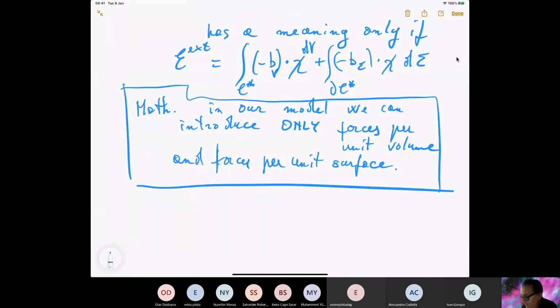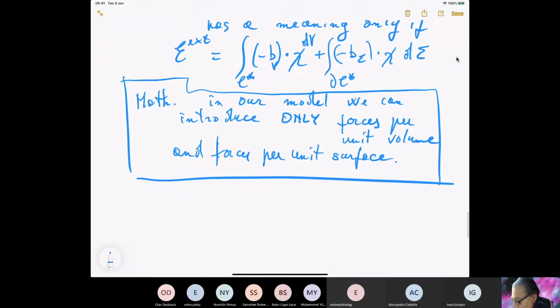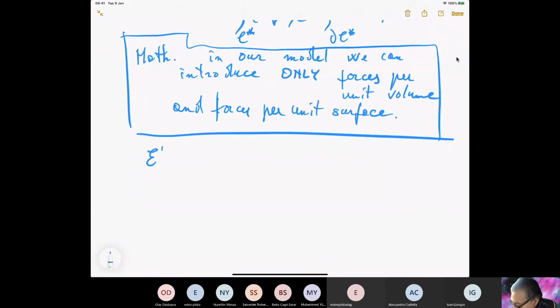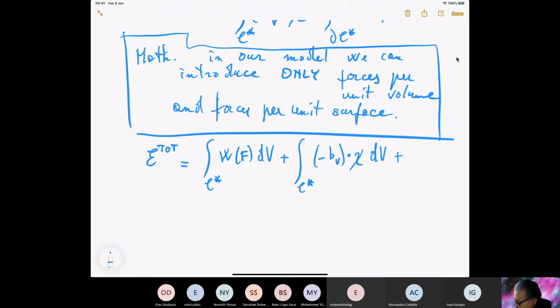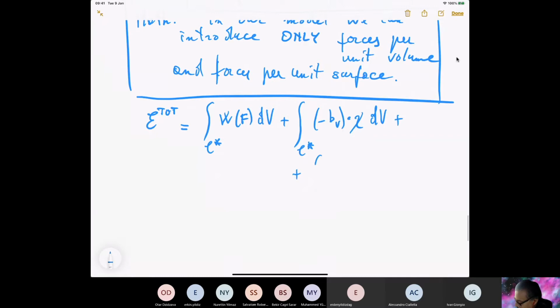This is a mathematical situation. Okay? So the total energy is given by integral over C star of W(F) dVolume, plus integral over C star of minus B volume dot chi dVolume, plus integral on the boundary of C star of a surface density of force dot chi dArea.